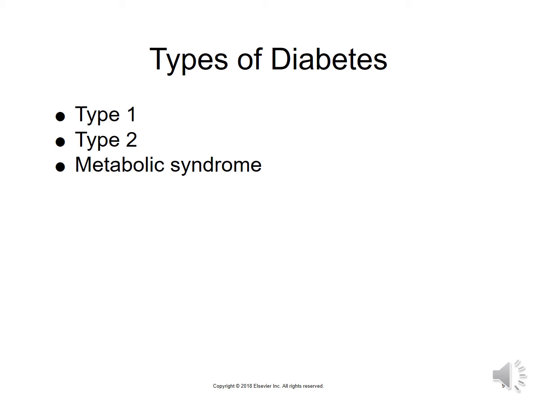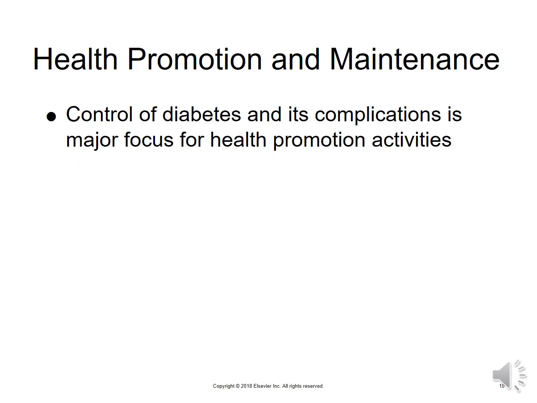Although this type of diabetes may not carry the same risk of death from ketoacidosis, it otherwise involves many of the same risks and complications as type 1 diabetes, in which there is a total lack of insulin. So in type 2, you can have a decreased production of insulin and resistance at the cell level. Okay, and we just talked about that metabolic syndrome.